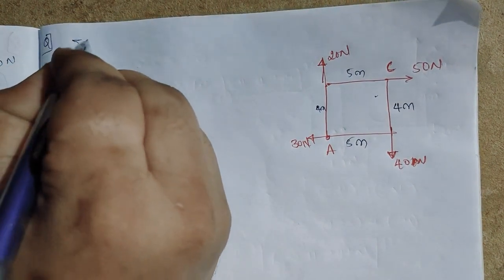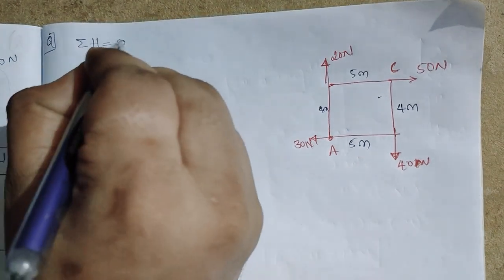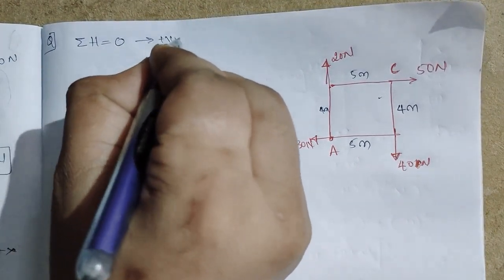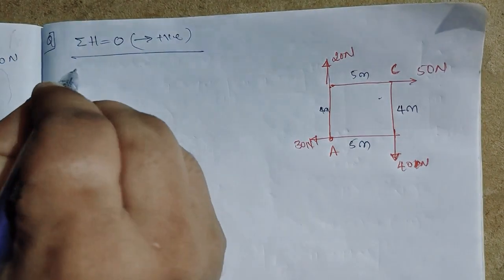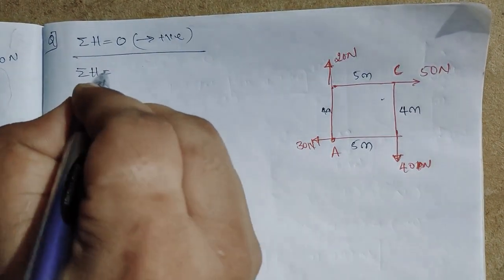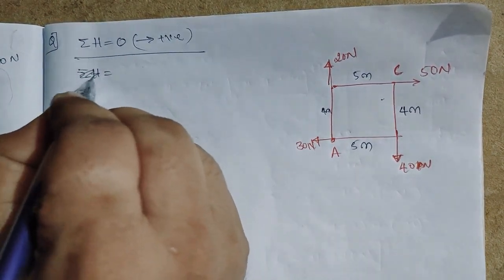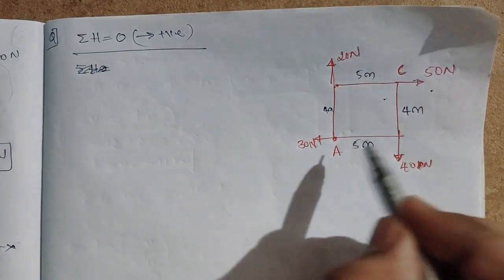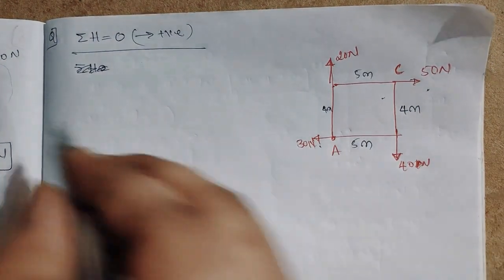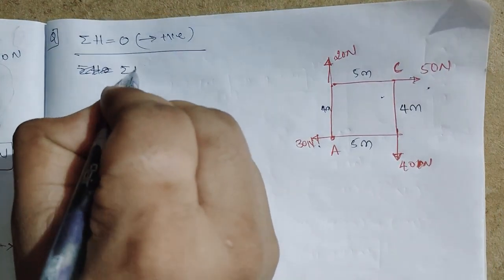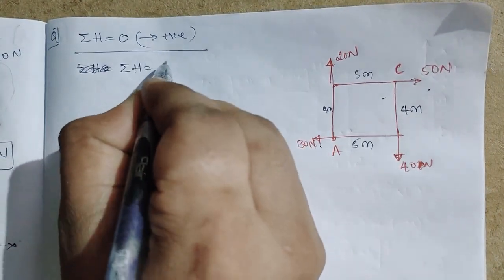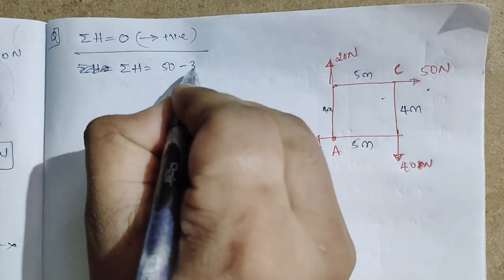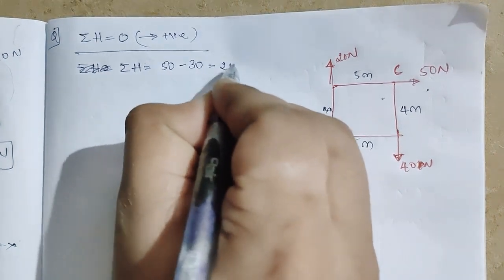So what is the first step? That is summation of horizontal force, taking left to right as positive. So summation of H is equal to, so 50 Newton is horizontal force and 30 Newton is horizontal force, right? So we have only two horizontal forces, that is 50 minus 30 is equal to 20 Newton.